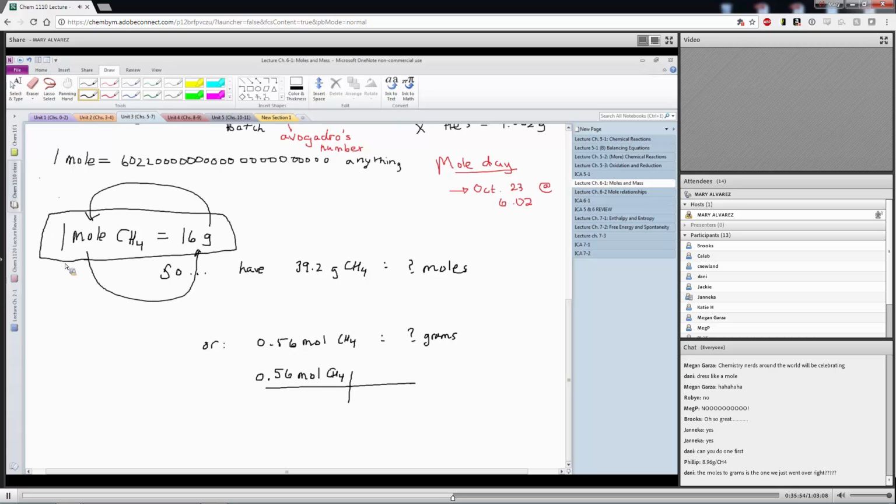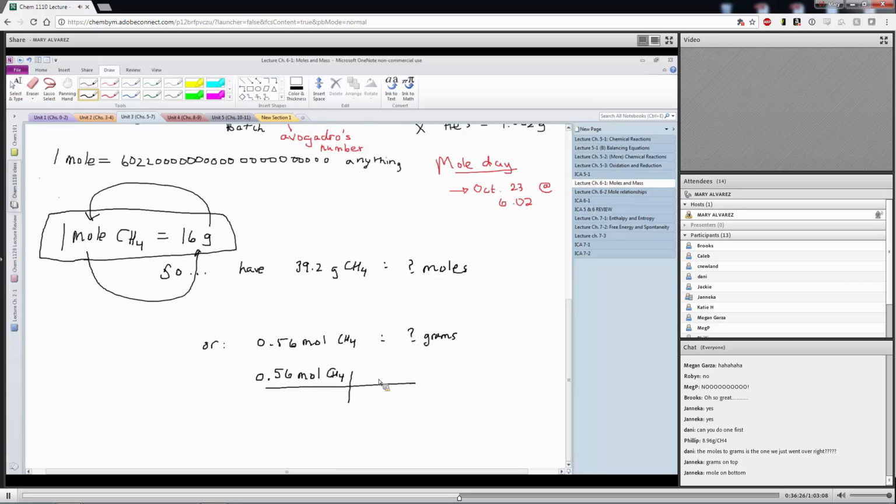So using this equivalency as a conversion factor, what can I put where so that my moles will cancel out and I'll be left with grams? Danny, figuring out the mass of 1 mole we just went over, yes. But using that to determine how many moles are in a different number of grams or how many grams are in a different number of moles, that's the next thing we're doing.